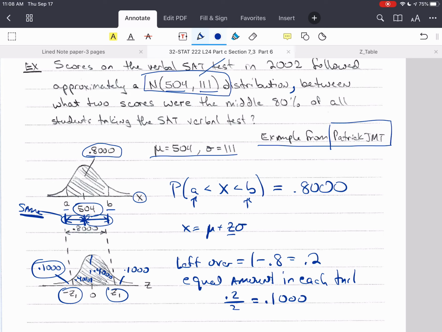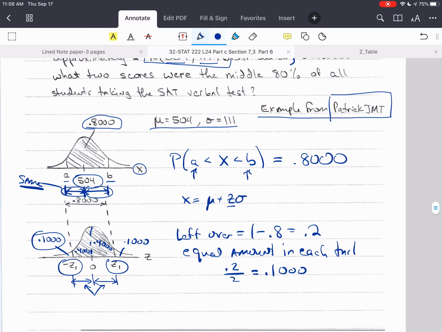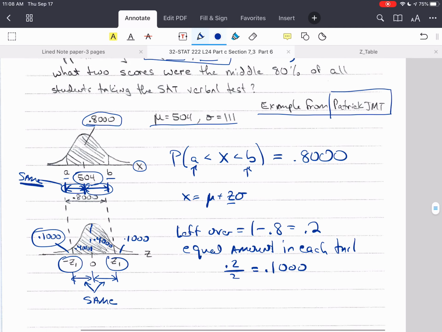And if they're the same distance, then down here the distance of the two z-scores from the mean, which is 0, those have to be the same as well. And we have 0 in the middle here, so that means that z1 is the negative of negative z1 here. This value is the negative of this value because they're the same distance away from 0. That makes them the same number, but one with a negative sign, one without.